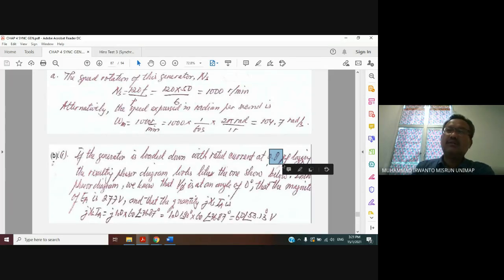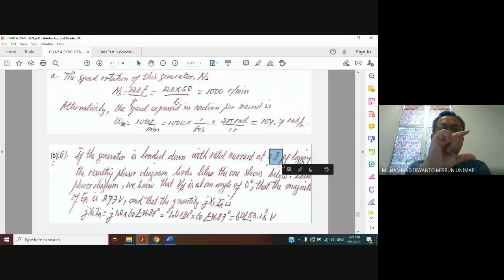Now we know that the internal generated voltage EA, per phase, when the current flows, meaning the condition is loaded to the load, the current is 60 ampere.